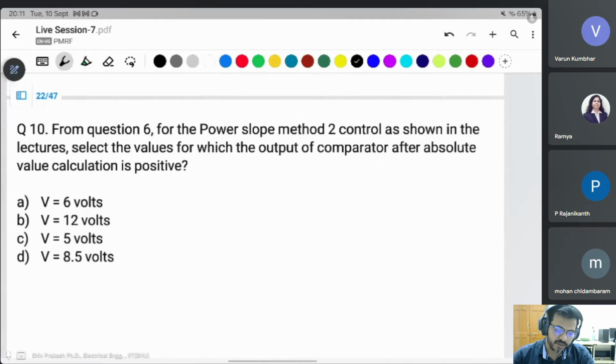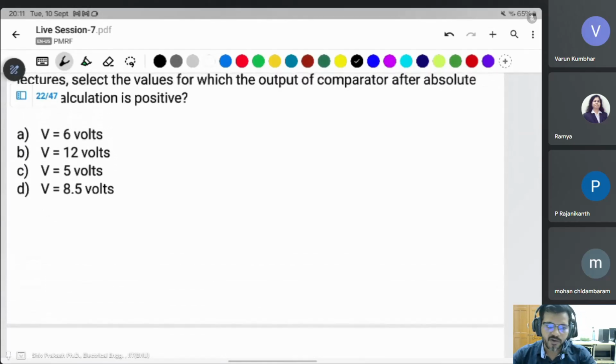For the previous question, for the power slope method to control as shown in the lectures, select the values for which the output of the comparator after absolute value calculation is positive. Okay, the power slope method is the same for calculating the maximum power.